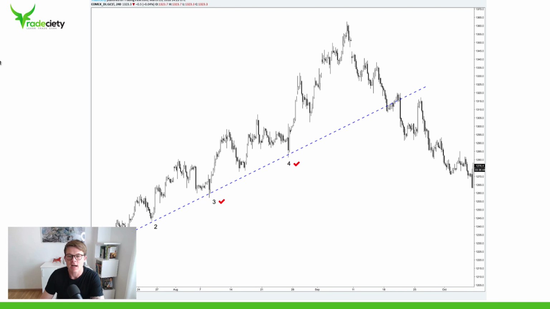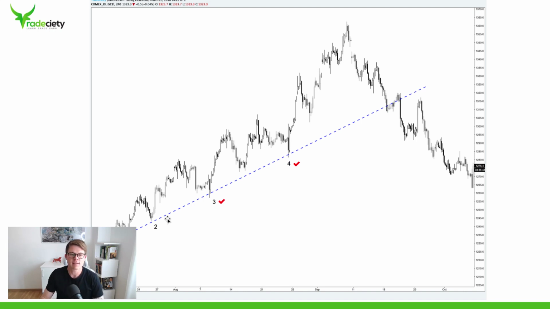So first of all, when it comes to drawing trend lines, the general idea is that we draw horizontal or diagonal trend lines, and we connect low points in an uptrend, and we connect the high points in a downtrend, as we will see in a moment. And the general idea is that you need at least 3 touch points.